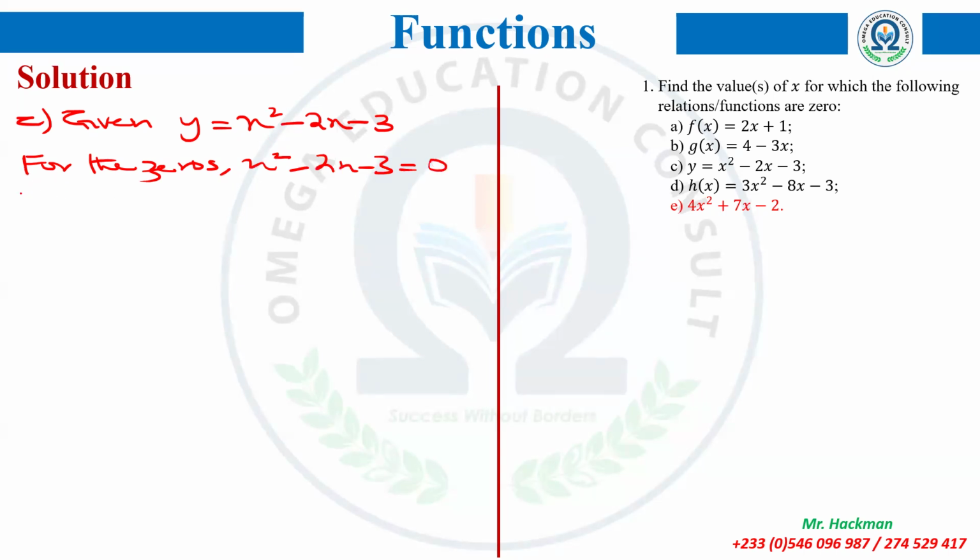So you are dealing with a quadratic equation. Once it's an equation, my next step, I use implication. Thankfully, our leading coefficient is 1. So you have to check the factors of your constant here, the C, minus 3. When you multiply, you get minus 3. When you add, you get minus 2.